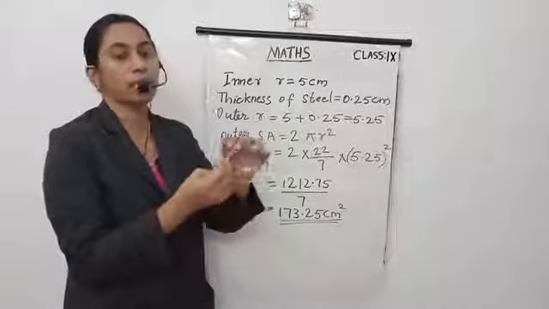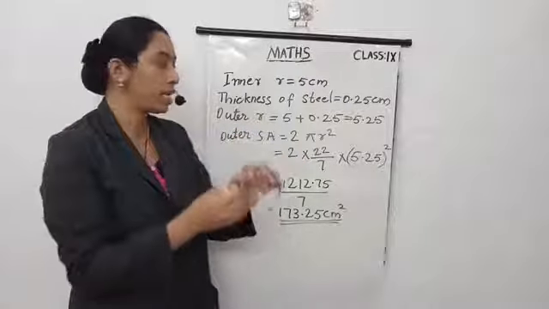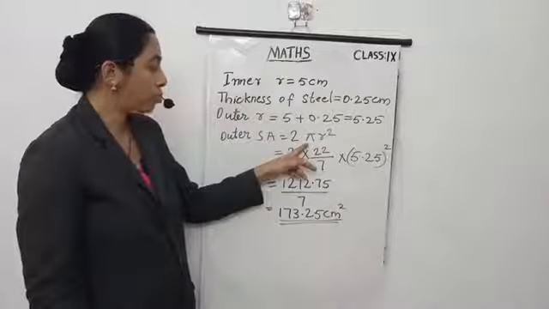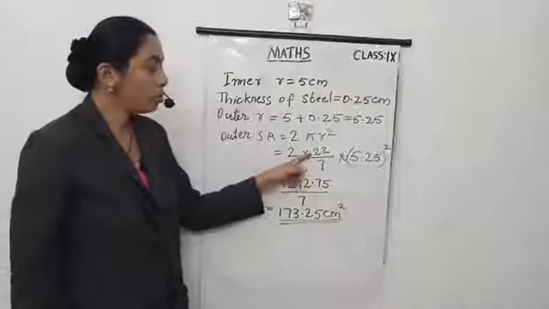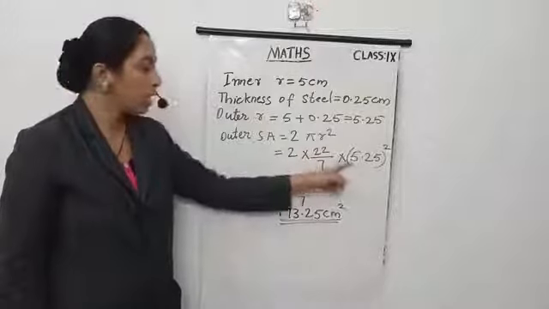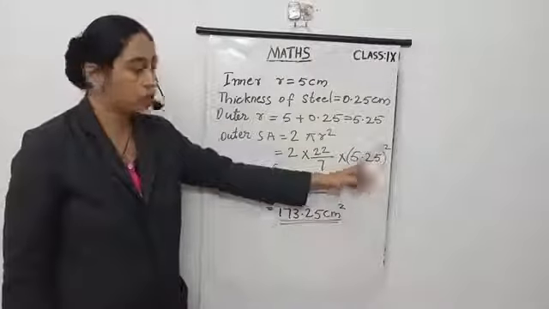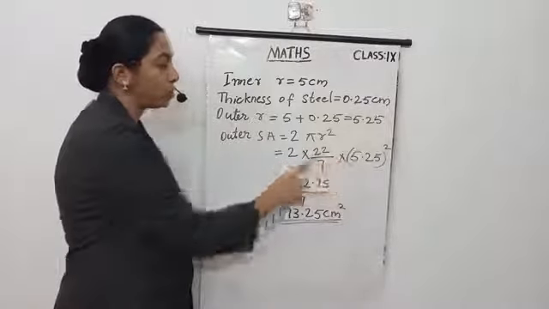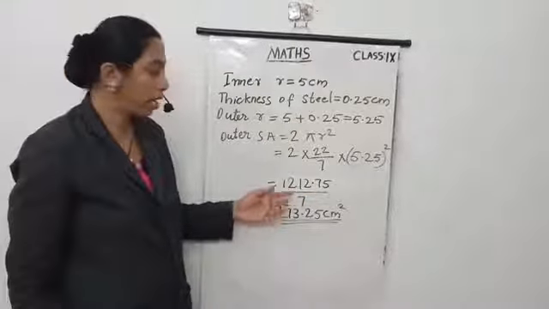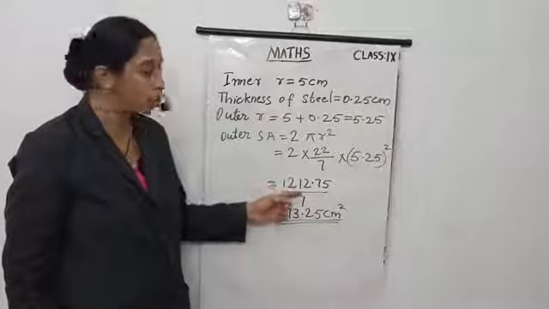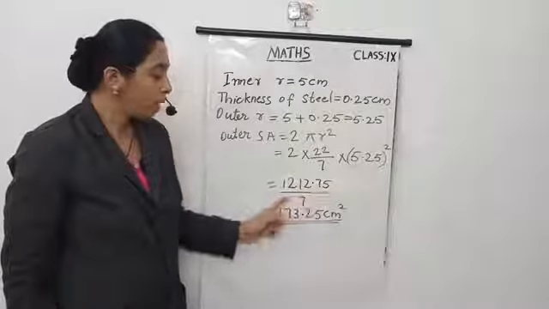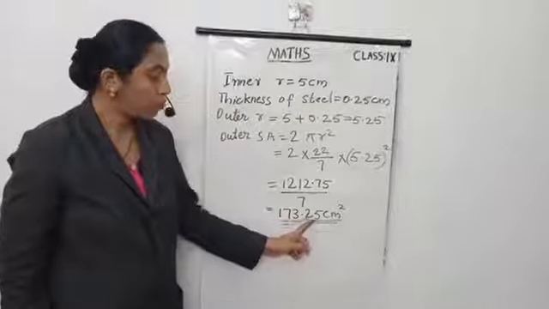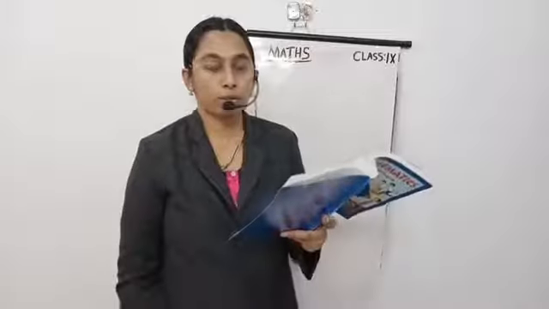So to find the outer curved surface area, it equals 2 pi r square, and 2 into 22 by 7 into radius 5.25 all square. Now multiply 2 into 22 into 5.25 into 5.25, we get 1212.75 by 7. After division we get 173.25 centimeter square.